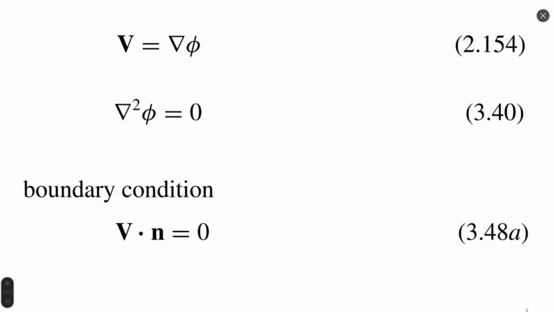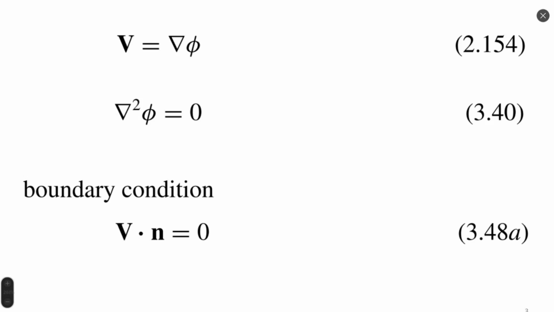The boundary condition for calculation of Laplace's equation is presence of only tangential component of velocity on the wall. At the same time, equation 3.40a is describing this condition, saying that normal component of velocity on the wall should be equal to 0, or saying by words, the flow follows the wall direction.